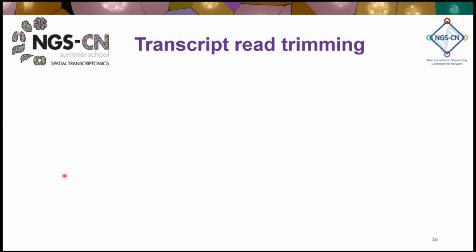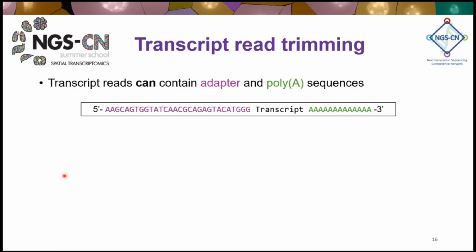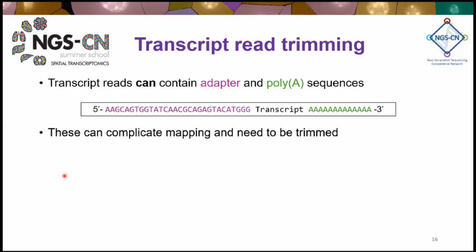Okay, the first part is transcript read trimming. And I already told you that the transcript read contains adapter and poly-A sequences. The problem is that these artifacts can be complicated. So for example, with a poly-A sequence in a transcript, the mapper can also find the poly-A in the genome, which does not help.